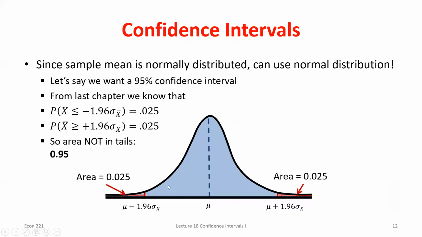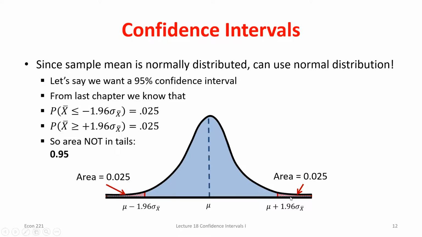So the probability I see something further than 1.96 standard deviations away from the mean would only be 0.05, but it could be below or it could be above. So the probability it's more than 1.96 standard deviations above the mean is 0.025. The probability it's 1.96 standard deviations or more below that population mean is also 0.025. Okay? And that came directly from the table finding that 1.96, right?